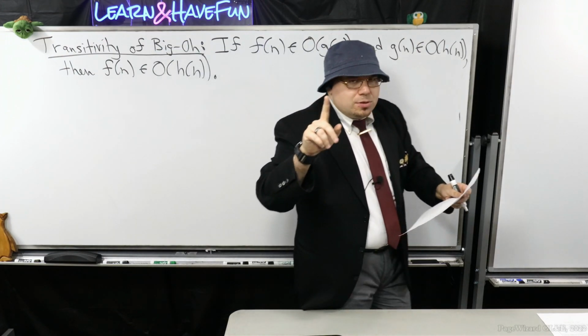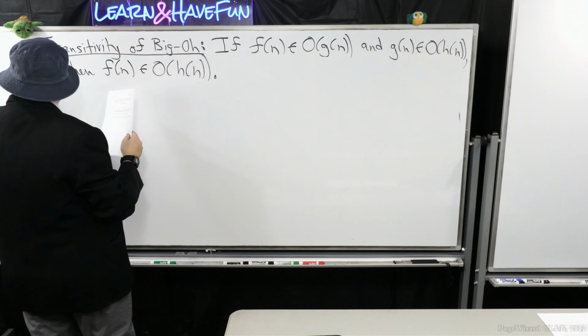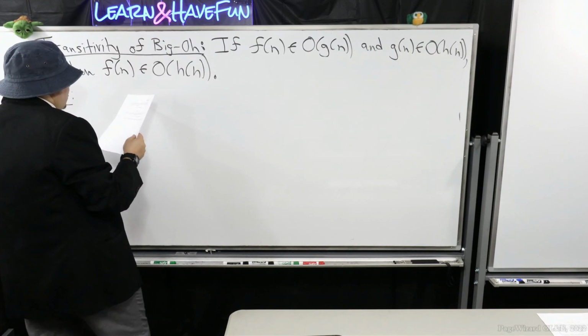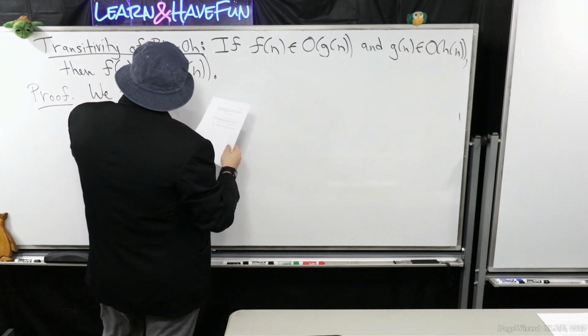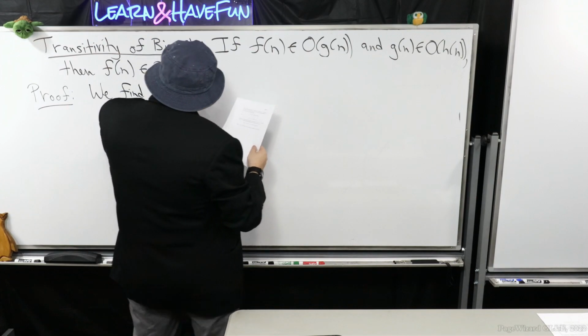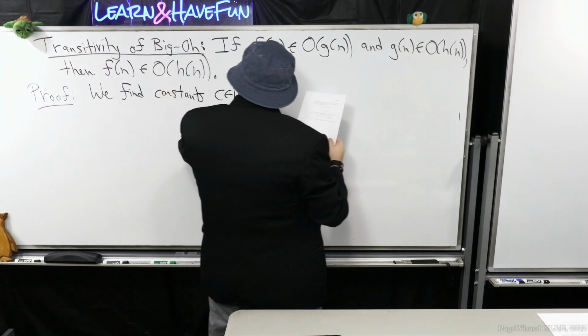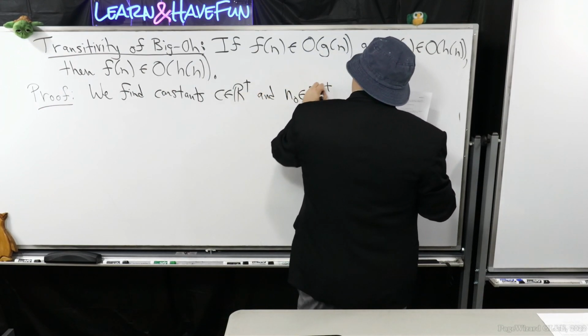As per usual, I have to lay out the game plan, everybody. So here's the proof. We have to find the constants, right? One is a positive real number, the other is a positive integer, n0.